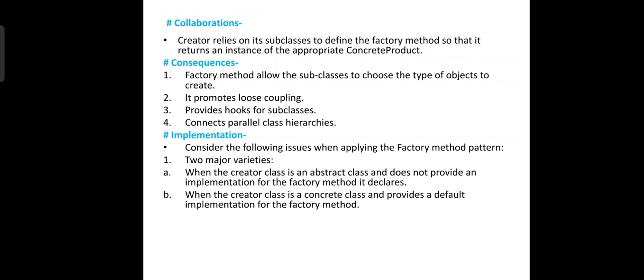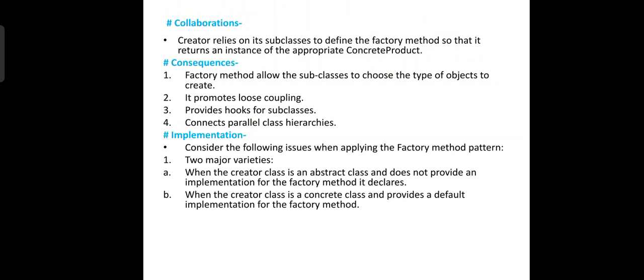After that, we have to know about the implementation of the factory method. For that, consider the following issues when applying the factory method pattern. First one, it includes two major varieties. Two main variations of the factory method pattern are when the creator class is an abstract class and does not provide an implementation for the factory method it declares, and another variation is when the creator is a concrete class and it provides a default implementation for the factory method.